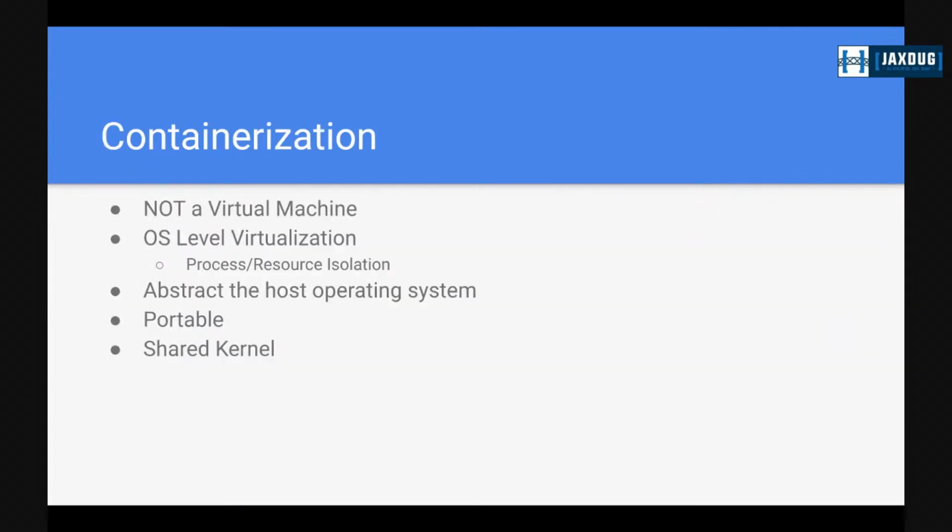Let's get to a common definition of what containerization is. A container is not a virtual machine. With a virtual machine, you have a hypervisor of some kind that's going to virtualize the hardware of the machine and expose it to another bit of software, typically an operating system, to run.